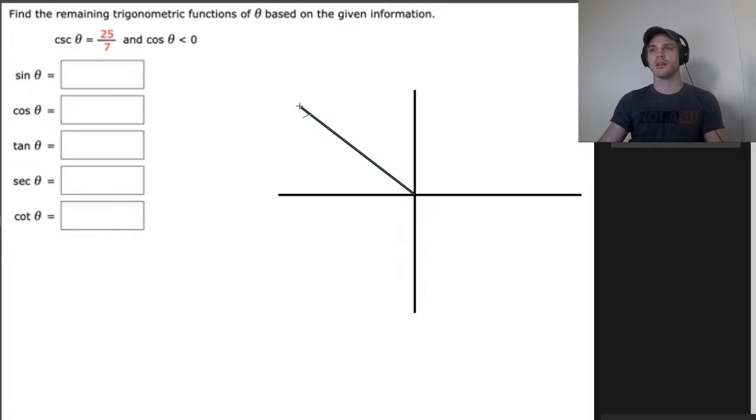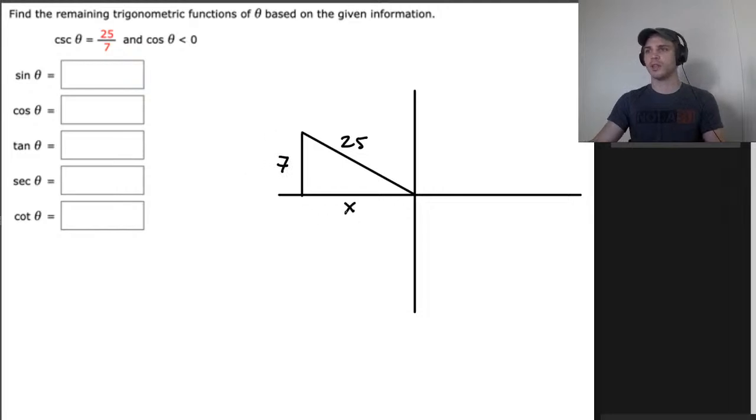Cosecant is the reciprocal of the sine function, so this is r over y. So r over y is 25 over 7, which means r is 25 and y is 7.